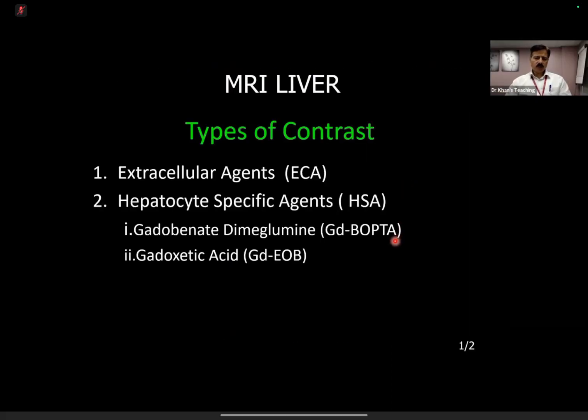Right. So we have got two types of contrast agents in MR, and one of them is extracellular agent, and second one is known as hepatocyte specific agent. We will call this ECA, and this one HSA. ECA can be any trade names, basically this is gadolinium, whatever your department is using. Here, HSA is hepatocyte specific agents, and these are the compounds which are there.